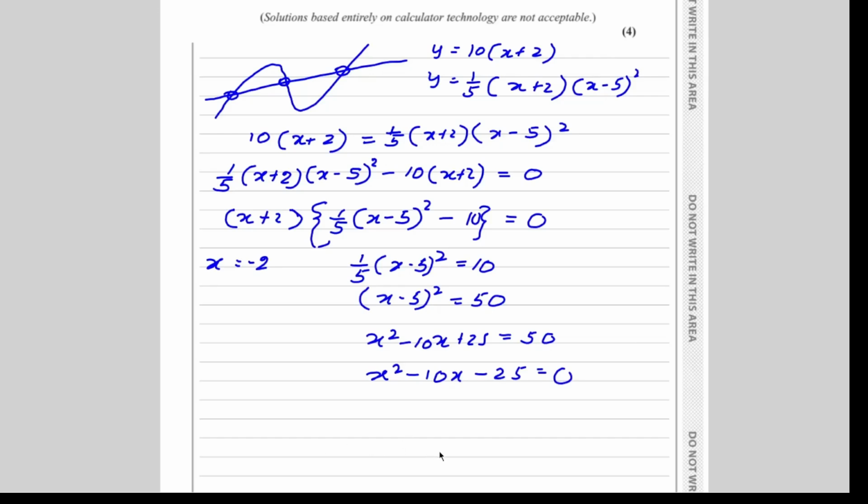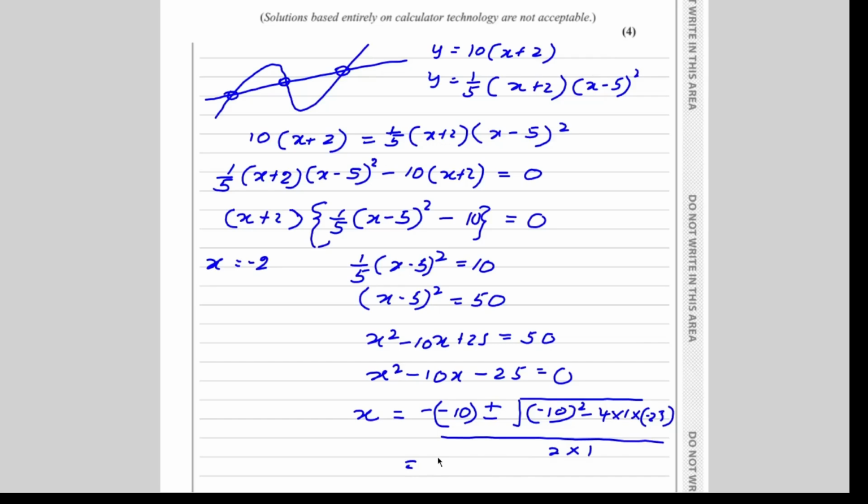So apply the formula and get the solution. Then x equals minus b, minus minus 10, plus or minus the square root of b squared, 10 squared, minus 4ac, a times minus 25, over 2a.